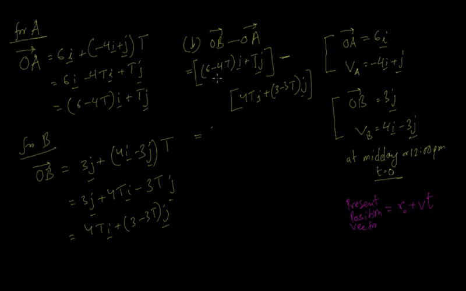Now the coefficient of i is this minus the coefficient of i is this. So if I take i common, I can write it like this: 6 minus 4t minus 4t, i. If I take i common, it would be (6 minus 4t minus 4t)i.